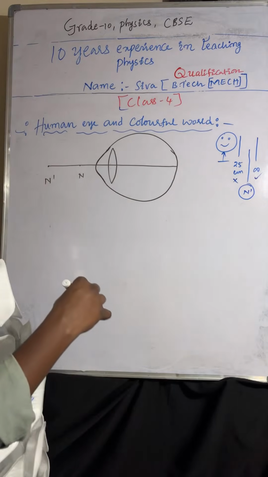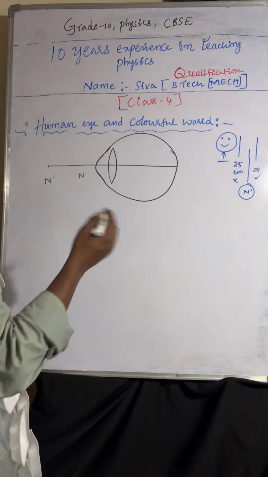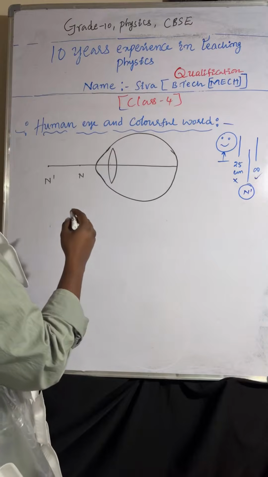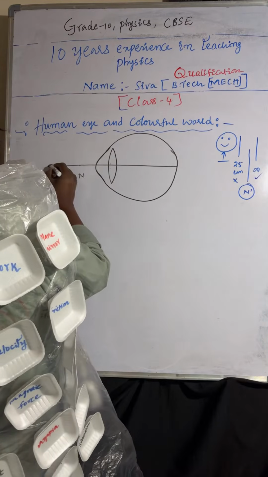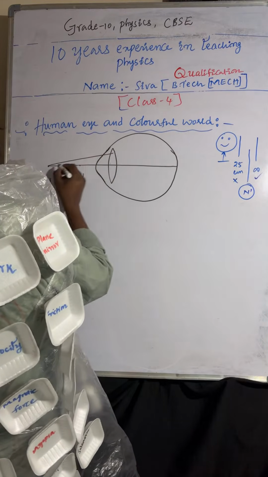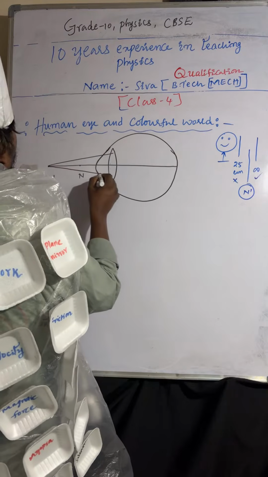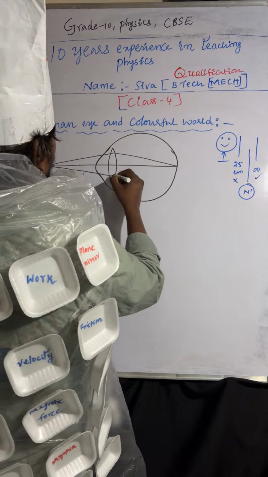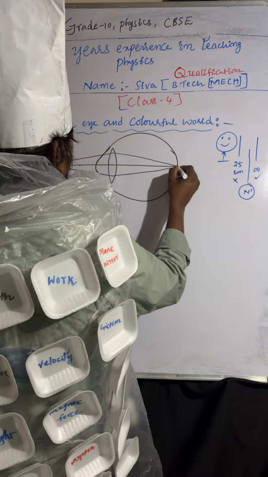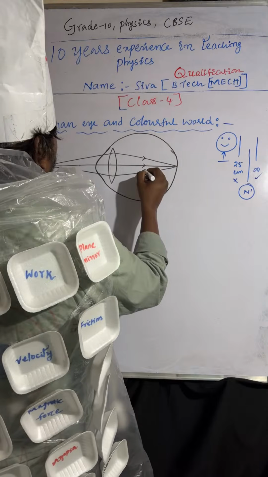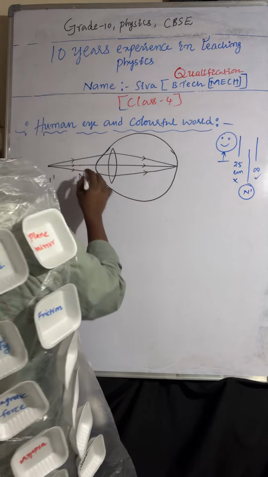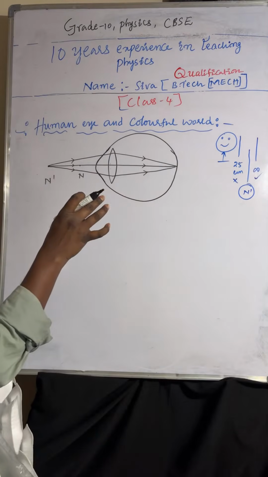If the light rays are coming from N dash, those light rays will meet at the retina. This is the near point of the hypermetropic eye.